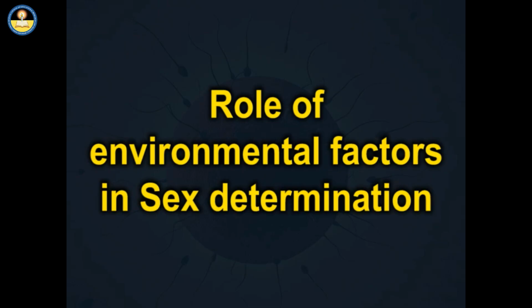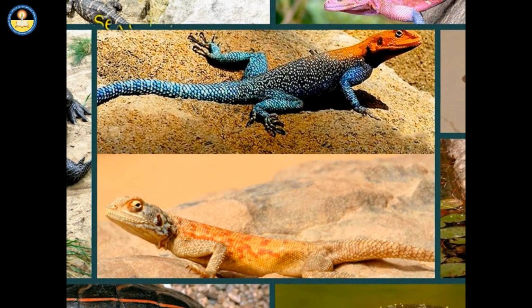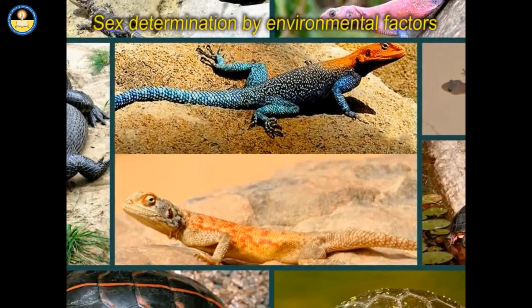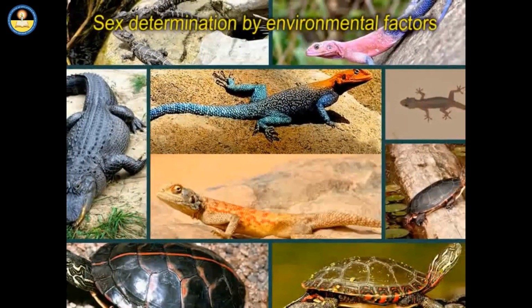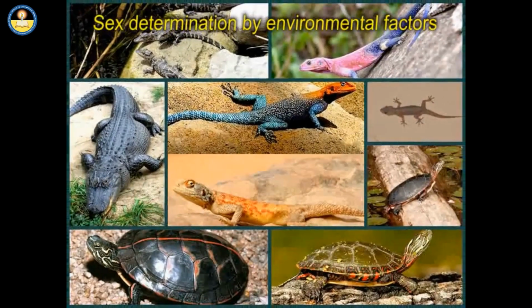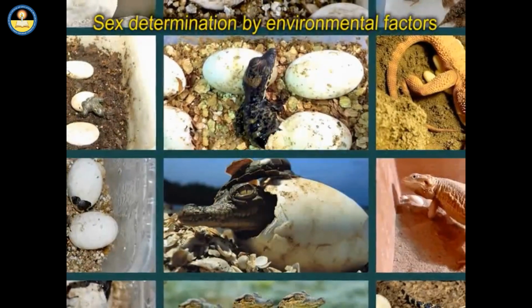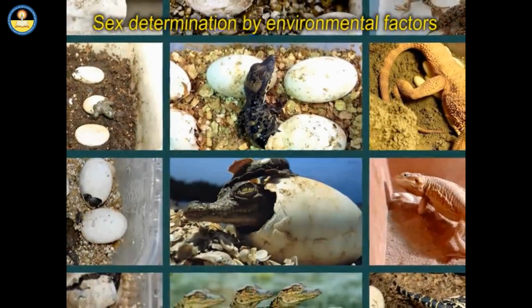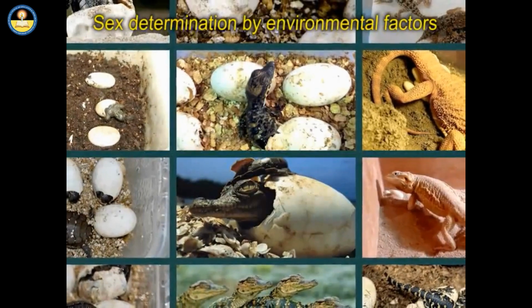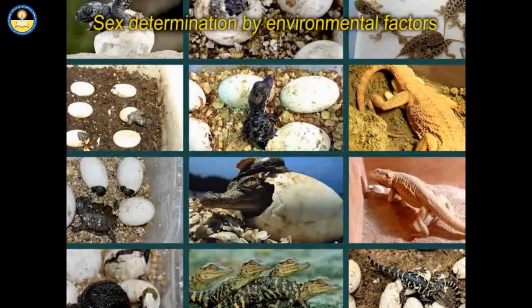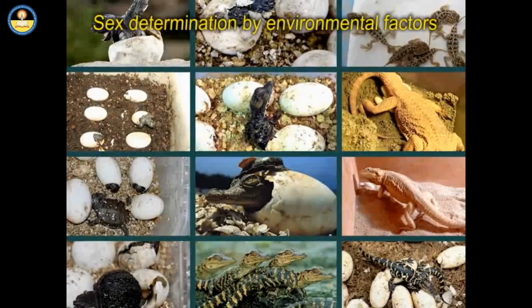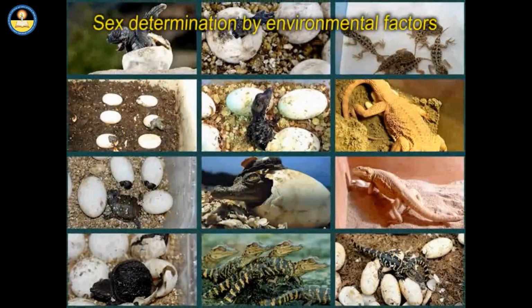Role of environmental factors in sex determination. Sex determination in some organisms is regulated by environmental factors and not regulated genetically. In some reptiles, the temperature at which the fertilized egg is incubated before hatching is an important environmental factor for determining the sex of the offspring.